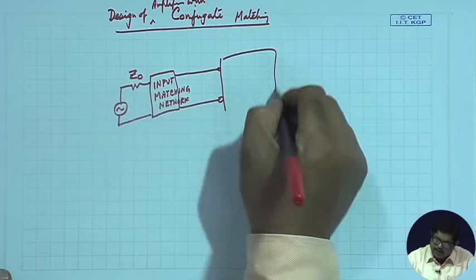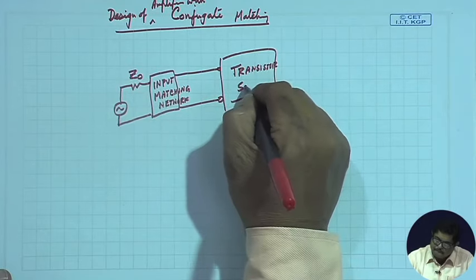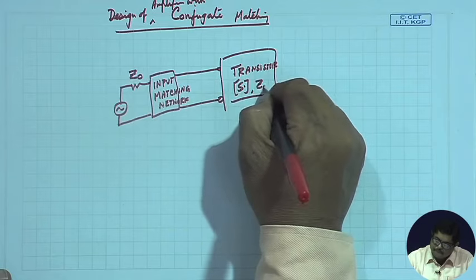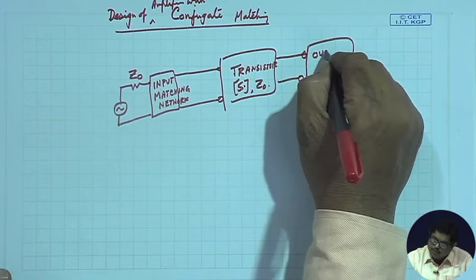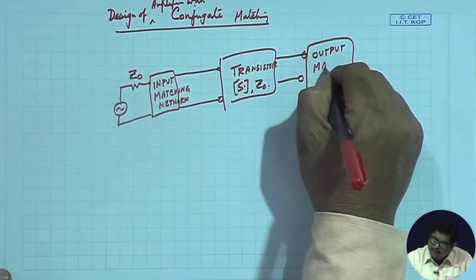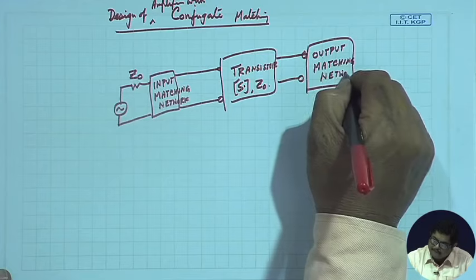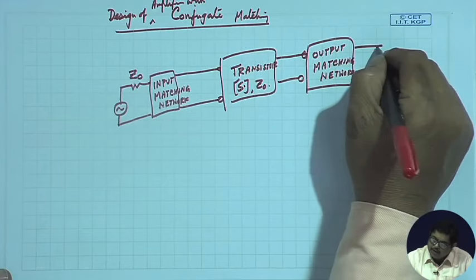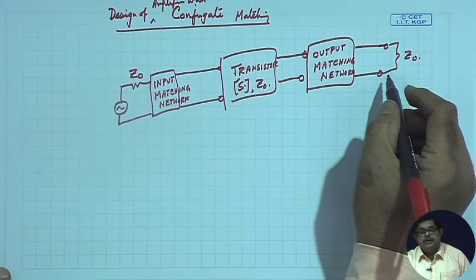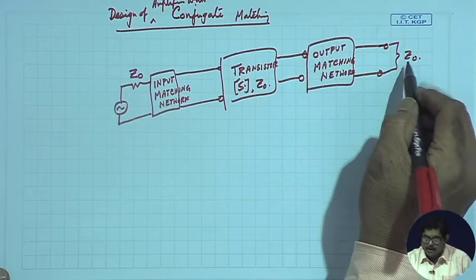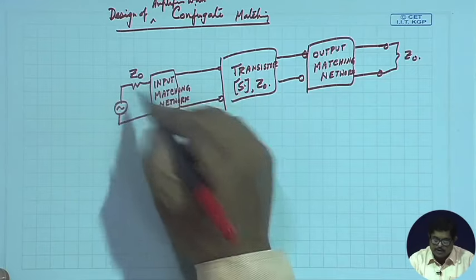This will be connected to the transistor, and then I will have an output matching network, and then it will finally be looking at Z0. I know that the actual ZL is different, but with output matching it will appear as Z0. Similarly, the actual source impedance is ZS, but with the input matching network I can make it match.